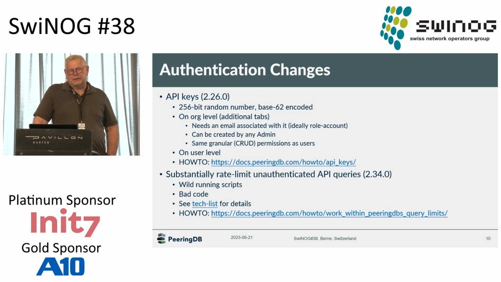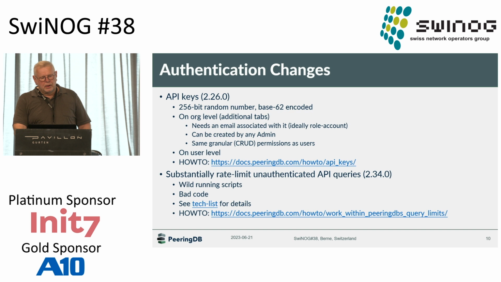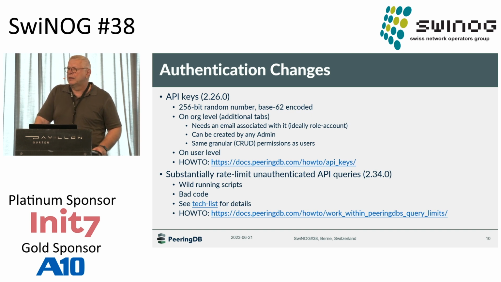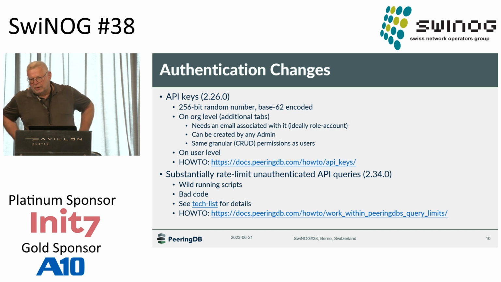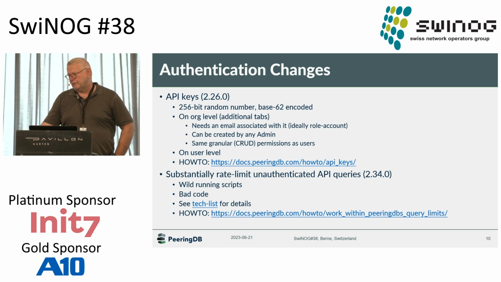What we did is we introduced in 2.26, already a couple of months ago, API keys. Basically, the motivation behind it is that we found out that script kiddies are hammering the database excessively, and because we are running the infrastructure in a cloud, the more cloud usage we have, the more we have to pay for.